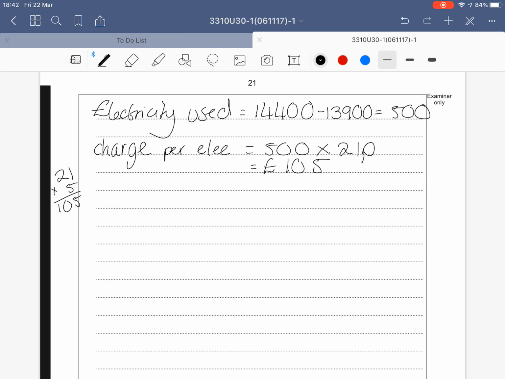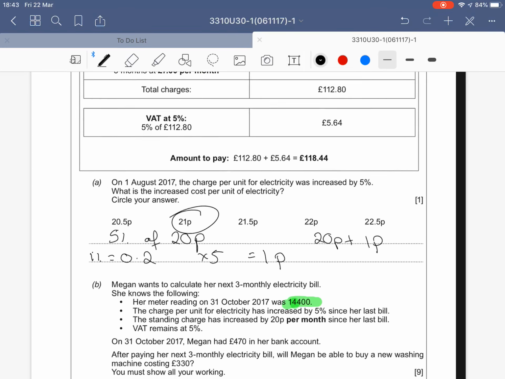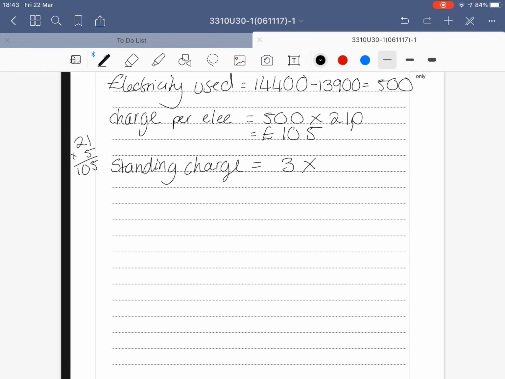We need a standing charge now. And they said it increased, didn't they? Standing charge for the three months: what was it before? It was $7.60 and it's gone up by 20p. So 7.60, add the 20p, gives us 7.80. Times that by 3.